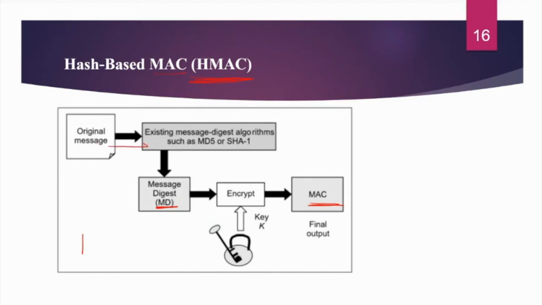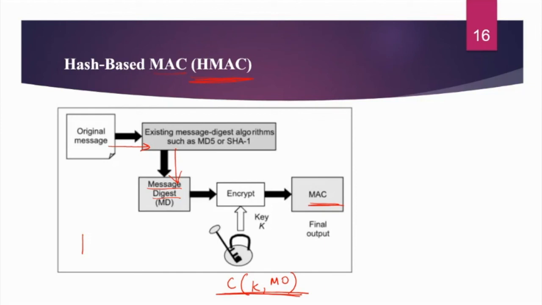So the original message will undergo some hash function, let's say MD5, SHA-1, any hash function, and then we generate the hash value. The hash value is also known as message digest, and then we apply MAC on the message digest. So in this case, the function C will take the key along with the MD instead of the original message, and we compute the MAC based on the hash value generated from the original message.